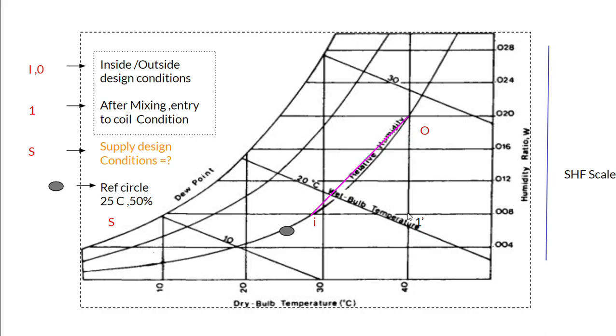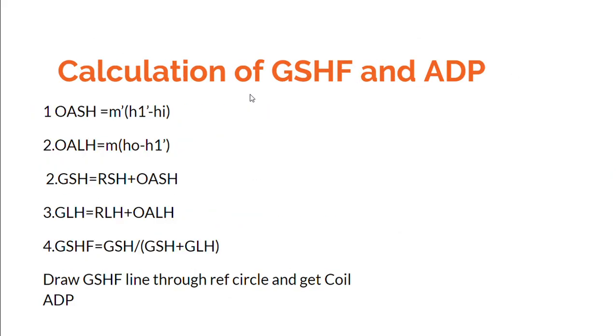Similarly, if I am interested in knowing the latent heat, get the enthalpy at 1 dash and get the enthalpy at state O. You can read the enthalpy at state O from the psychrometric chart, read the enthalpy at 1 dash, and what you get is the outside air latent heat. That's how you need to calculate the outside air latent heat.